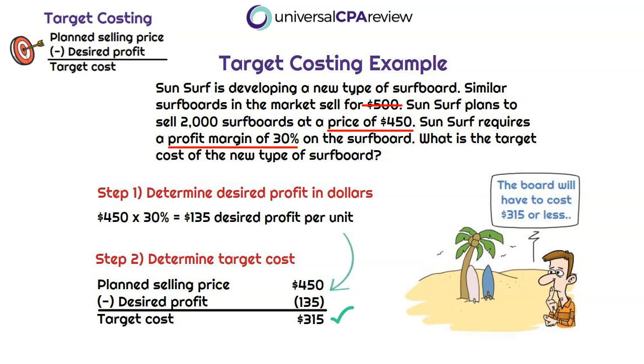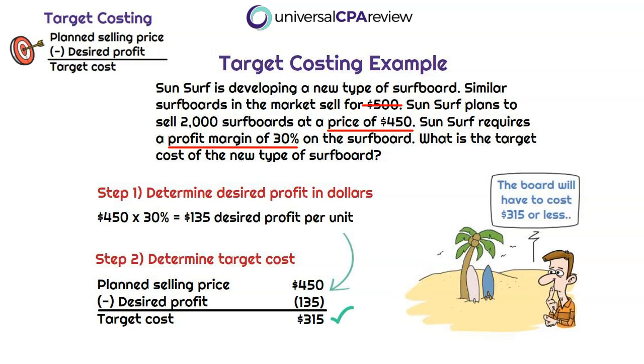So if they're entering this new market, they're looking at, okay, here's what we can sell it for. Here's our desired profit. Here's the target cost. Can we build it for this amount? Or can we do better? Right? That's really why target costing is a popular technique for budgeting or forecasting, because it focuses on what the company can control.